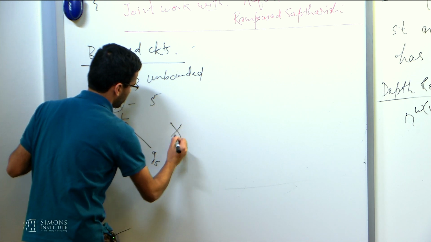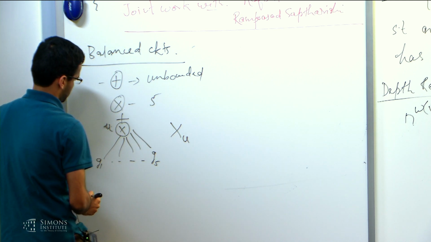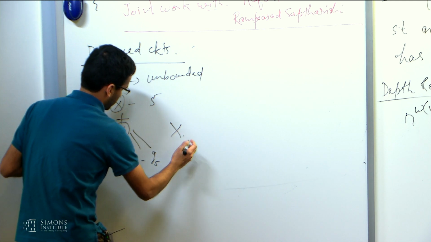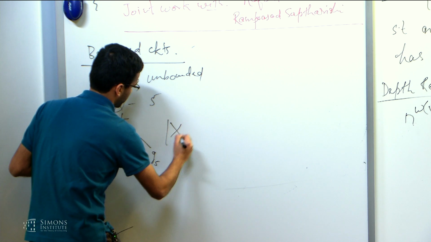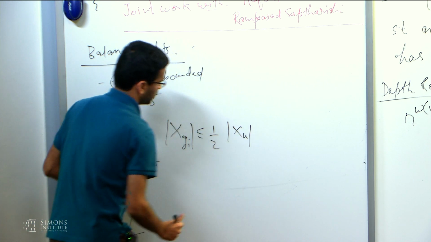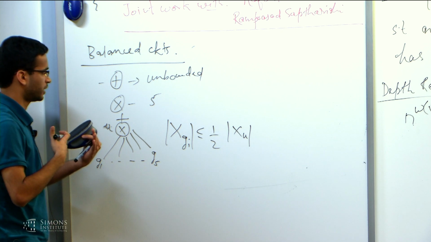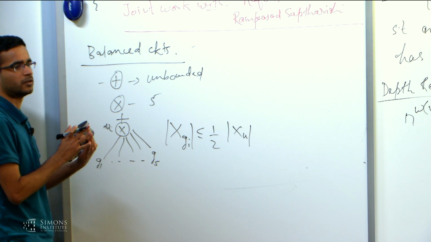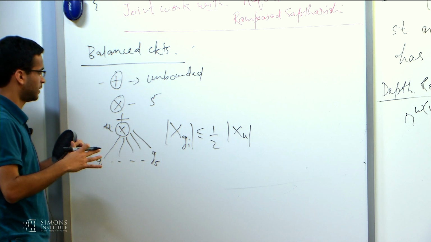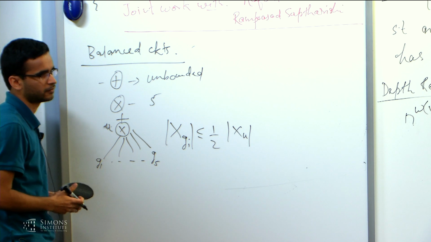If you look at the number of variables in U, the number of variables in any of the children is going to be at most half the number of variables in U. So it means that none of the product gates are very skewed. Each of the children is roughly half the weight of the parent.